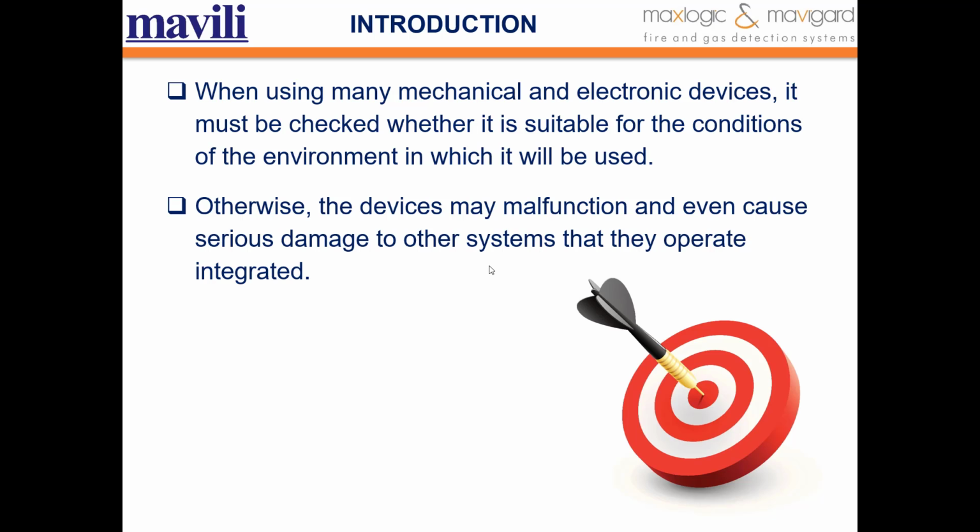One of the most common technical features is the IP protection class. Otherwise, the devices may malfunction and even cause serious damage to other systems that they operate integrated. If you don't check the IP protection class, the devices can be damaged.